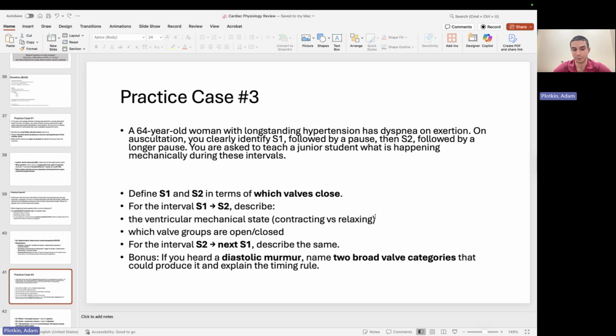Are we contracting or relaxing? Which valve groups are open or closed? For the interval between S2 and the next S1, describe the same. And if you heard a diastolic murmur while auscultating this person, name two broad valve categories that could produce it and explain the timing rule. A lot of things to think about, so pause and I'll go over the answers.